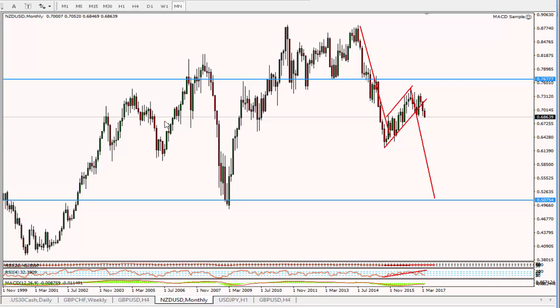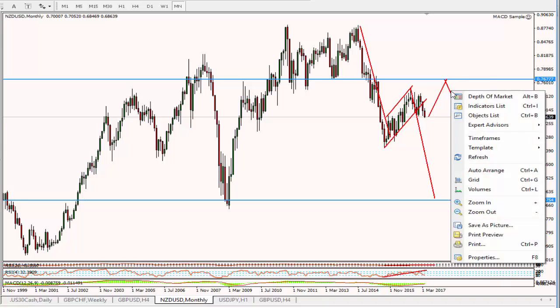From where it is right there, it could find support at this zone here, and it's a possibility that something good might happen in New Zealand, and then it could go back up to this zone here, and then possibly make a continuation move to the downside.